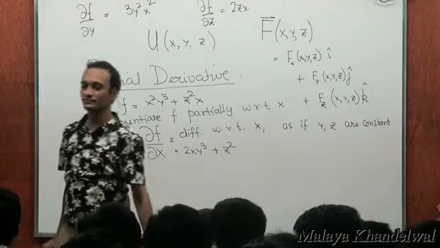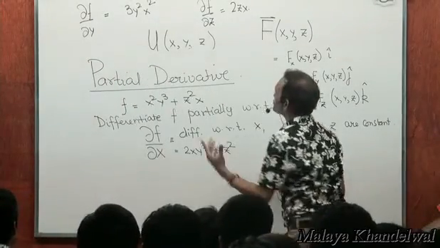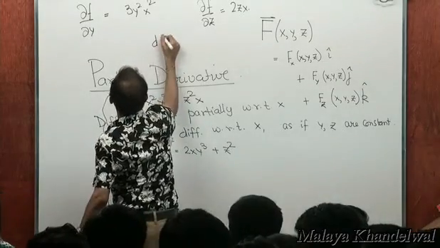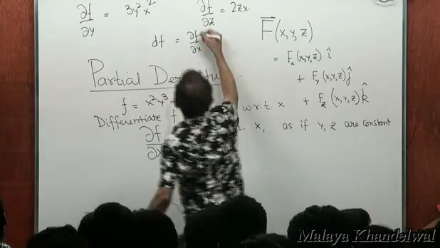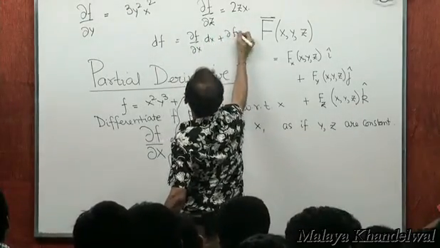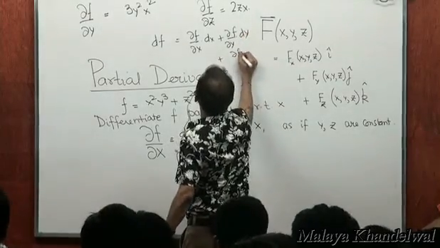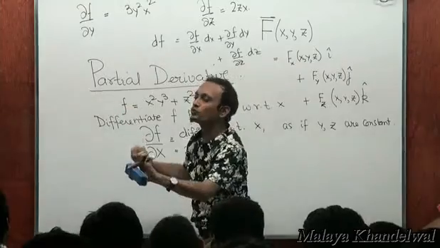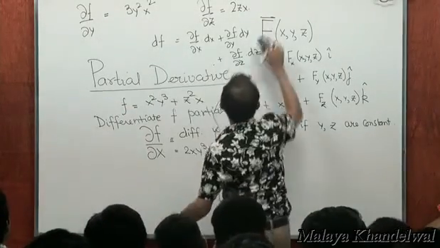If I want to find the change in f, then that's going to be rate of change of f with respect to x alone into dx plus rate of change of f with respect to y alone into change in y plus rate of change of f with respect to z into dz. That's df. That's only for your mental solace. Okay?